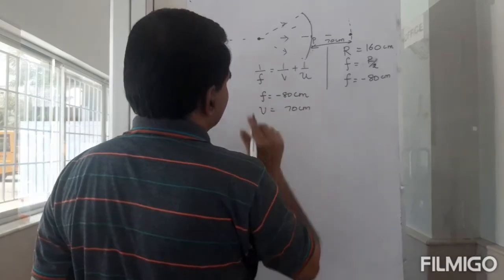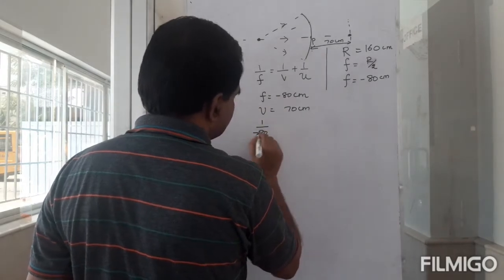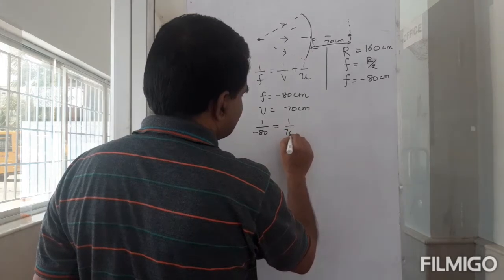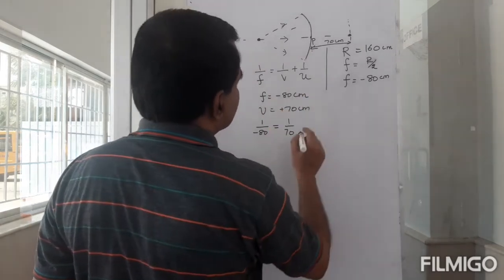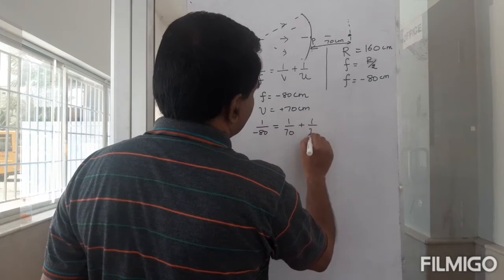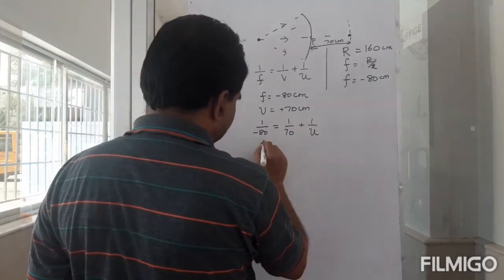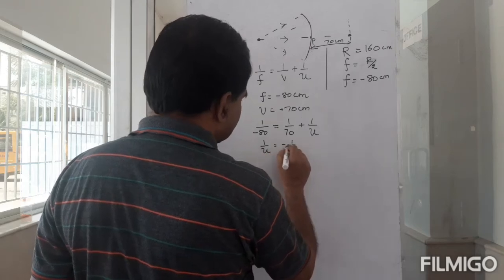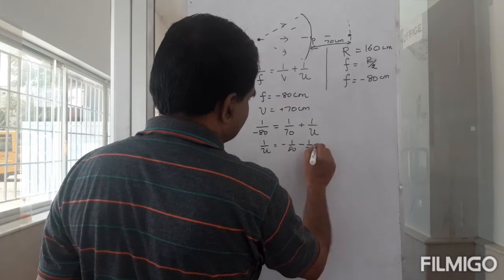Okay? So this is going to be 1 by minus 80 equals 1 by plus 70, this is plus 70, plus 1 by u. Okay, now what is 1 by u? 1 by u is equal to minus 1 by 80, and you bring it here, and minus 1 by 70.